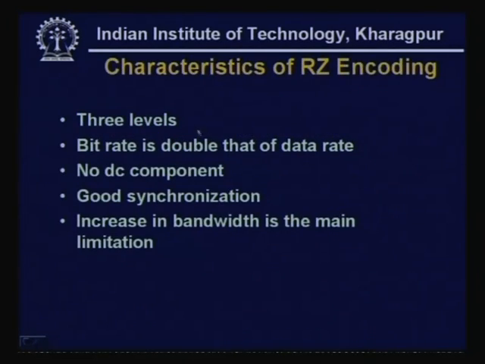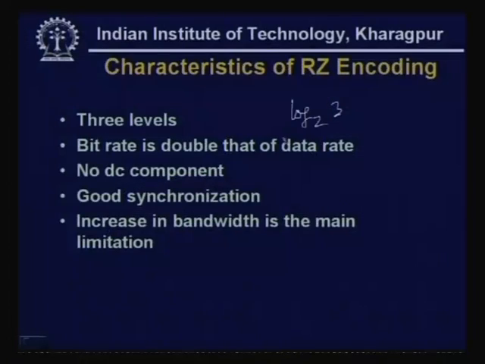However, it uses 3 levels of encoding. So, it is possible to have log2 3 information content, which is more, but unfortunately you are encoding only 2 data values. That means the data rate is not increased, although it has the capability for a higher information rate.